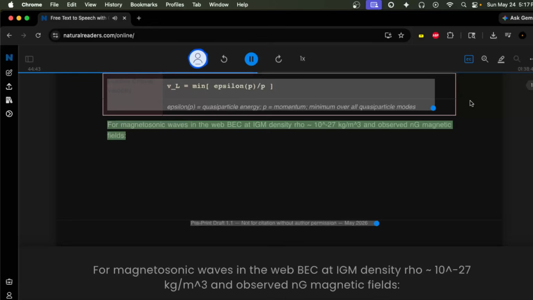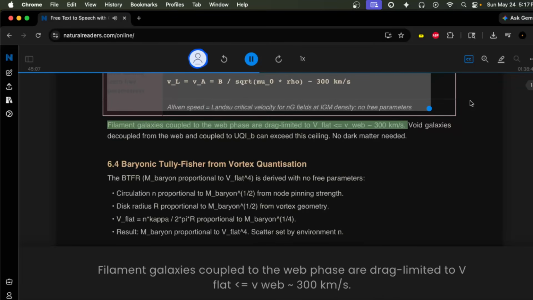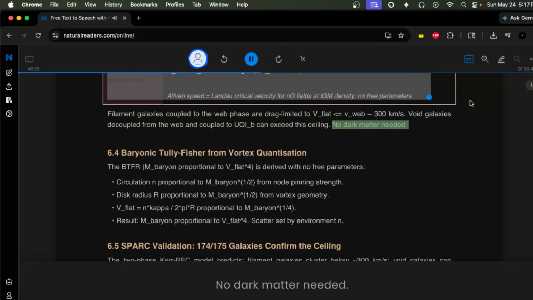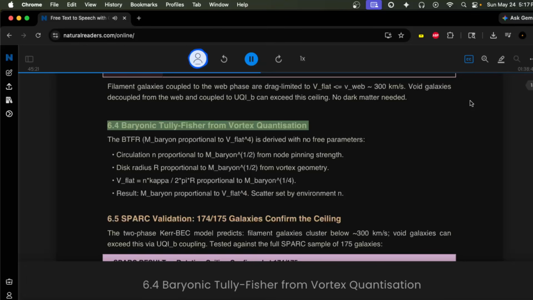For magnetosonic waves in the Webb-Beck at density ρ approximately 10^-27 kg per cubic meter and observed magnetic fields, filament galaxies coupled to the Webb phase are drag limited to V_flat ≤ V_Webb, approximately 300 km per second. Void galaxies decoupled from the Webb and coupled to UQIB can exceed this ceiling. No dark matter needed.